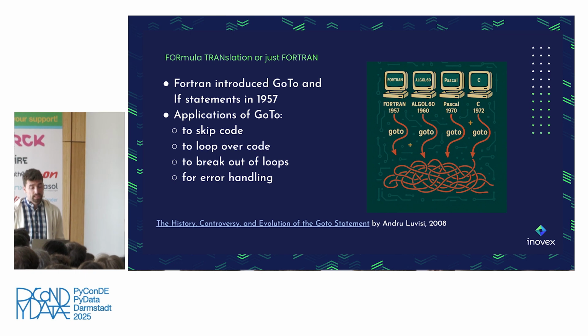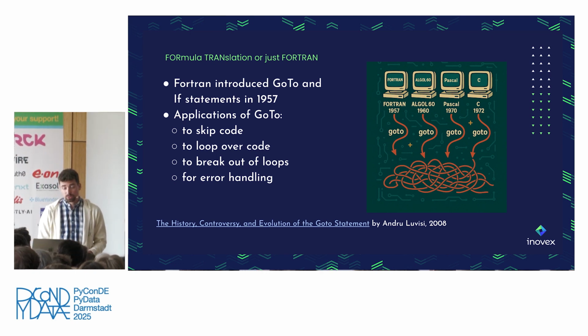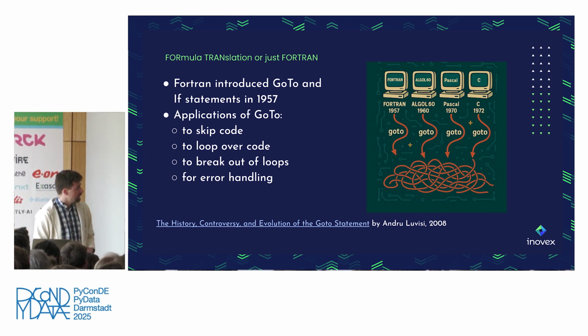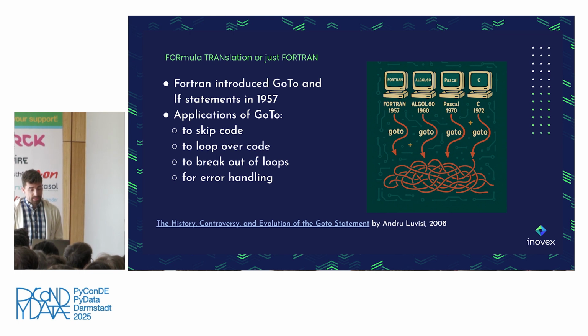So Goto, even though we all learned in computer science class that you should not use it, it's still around and alive. And after Fortran, it was also used in many other languages. I'm just showing the popular ones like Algol, or some of you may know Pascal back from school, or C, as I just mentioned.